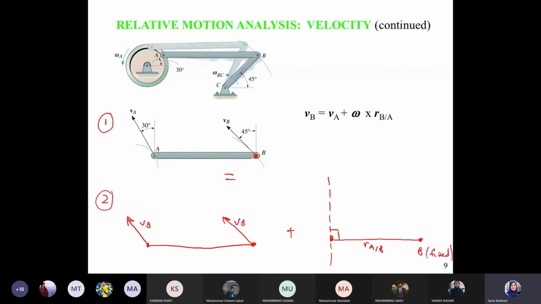So clearly VB looks something like this. And then by head to tail rule, I have to go in this direction like so. So clearly I'm having to go upwards. So that is my relative velocity because of rotation, it is going to be upwards. So then I know that omega is anti-clockwise. And I figured out my entire velocity diagram.